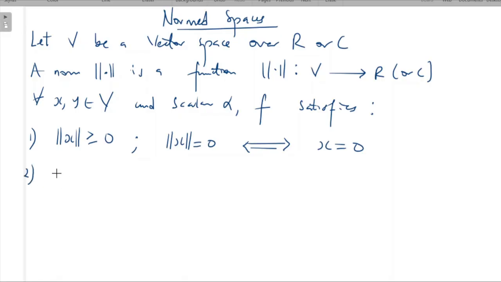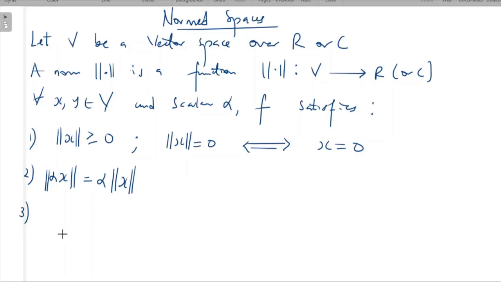The second property is scalar multiplication. The norm of a scalar multiplied by a vector is the same thing as multiplying the norm of that vector by the absolute value of the scalar.